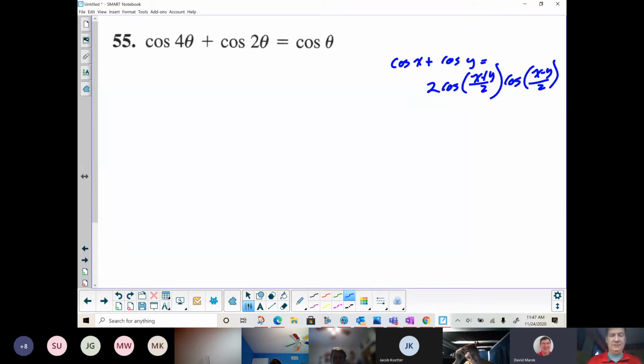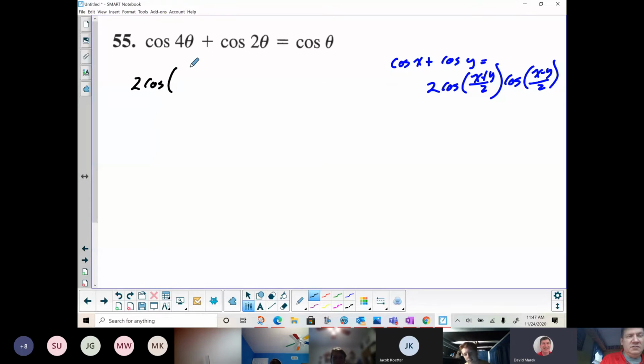Really? That's going to be helpful? All right, fine. Well, we will get this down from 2 different terms on the left down to just 1 term. Well, it's going to be a product. All right, well, it was their idea. Let's go for it here.